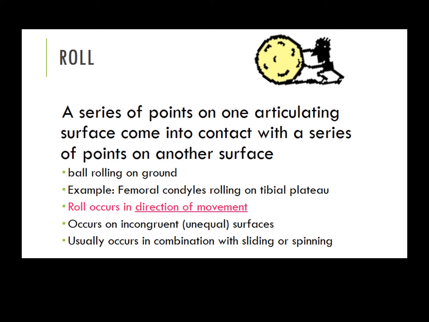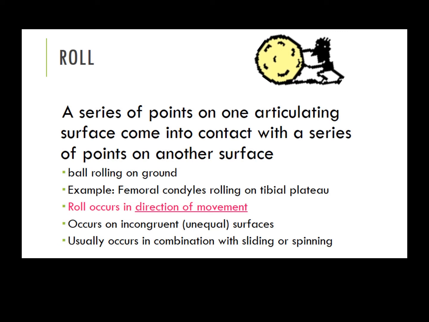So a series of points on one articulating surface, for example a ball, comes into contact with a series of points on another surface like your floor. So the example is a ball rolling on the ground.